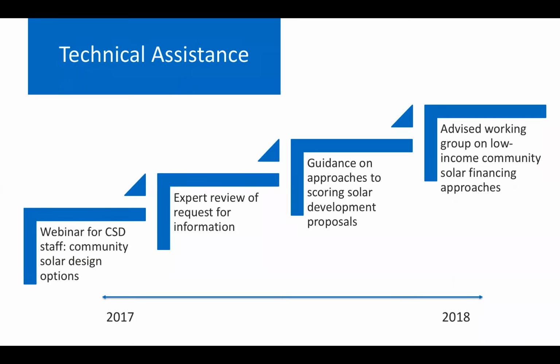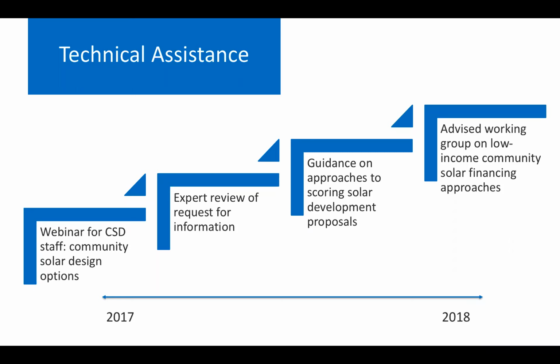In the design phase, CSD issued a request for information, or RFI, to gain additional information from developers, utilities, and community members that would inform the design of the community solar pilot. And NREL staff provided an expert review of this RFI before issuance to improve its accuracy and help ensure that CSD would get the information it needed.